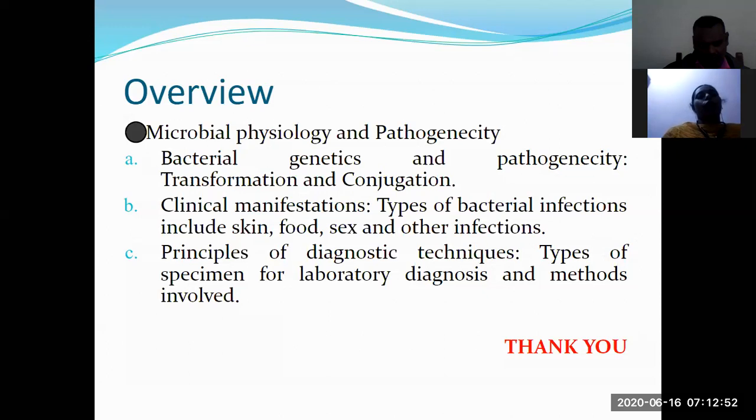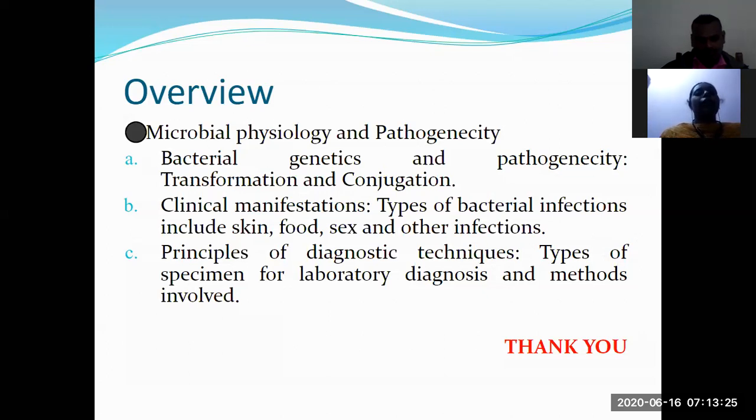Fine. Now let us overview what we have studied up to now in this session. In today's class, we have studied microbial physiology and pathogenicity from BMS 110 Biomedical Sciences Unit 2. Under this, we have studied 3 topics. One is bacterial genetics and pathogenicity. Under bacterial genetics, we have studied what the genetic material of the bacteria is and how it was discovered.